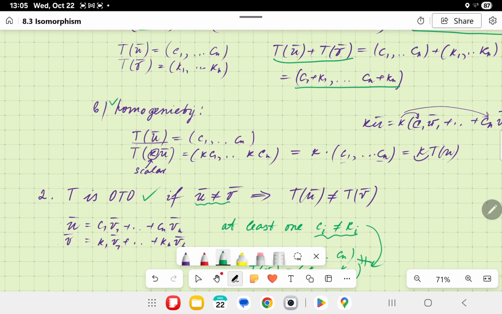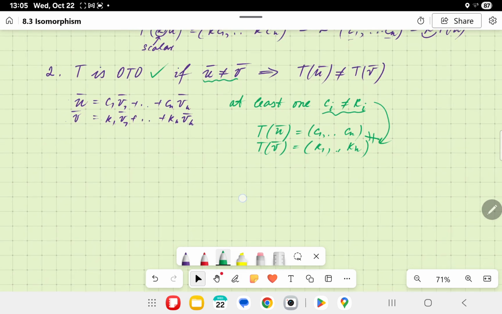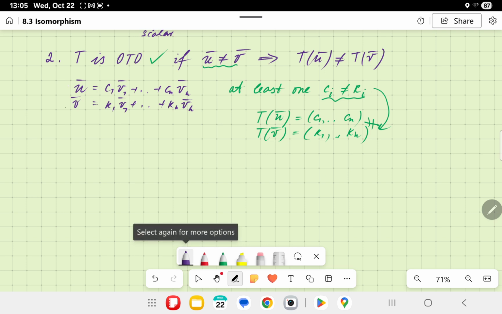Okay, and the last one, also not going to be very difficult, is going to be the transformation onto. So T is onto. What does it mean that the transformation is onto? It means that for every image we're supposed to have at least one source.